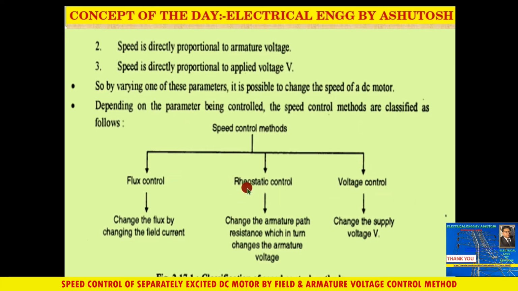The first is rheostatic control, where you change the armature path resistance, which in turn changes the armature voltage. The second method is field flux control: change the flux by changing the field current. The third method is armature voltage control: change the supply voltage.